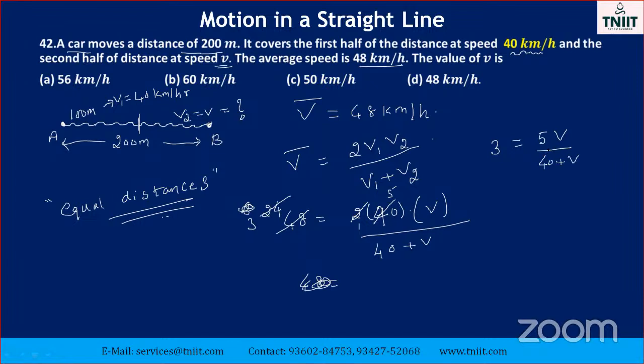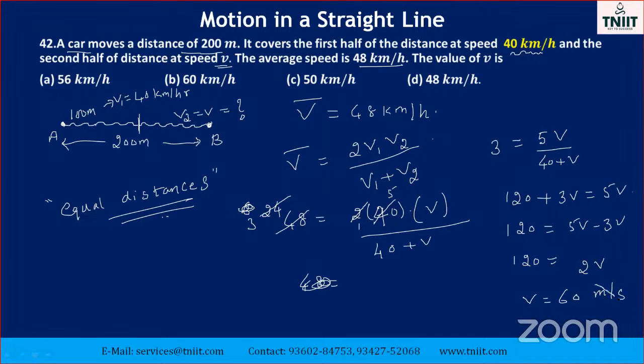Now you do the cross multiplication. 3 into 40 will be 120 plus 3 into V, which is 3V, equal to 5 times V. So 120 is equal to 5V minus 3V, so 120 is equal to 2 times V. So V will be equal to 120 by 2, that is 60.